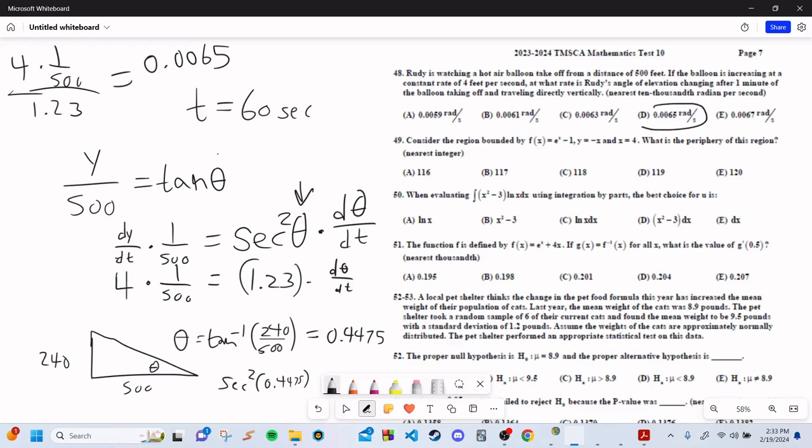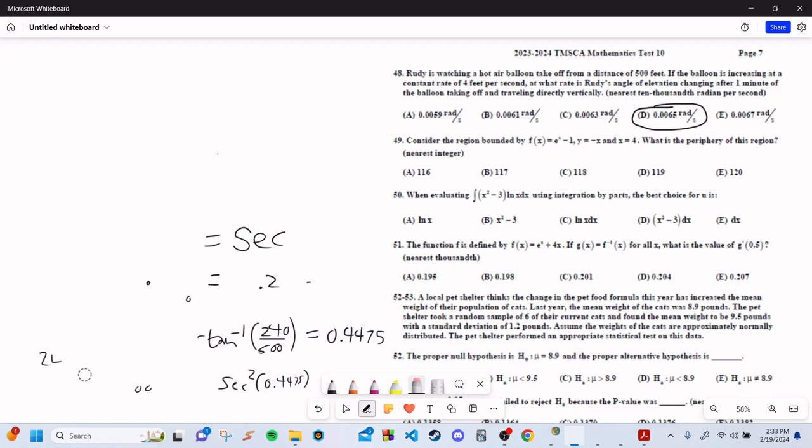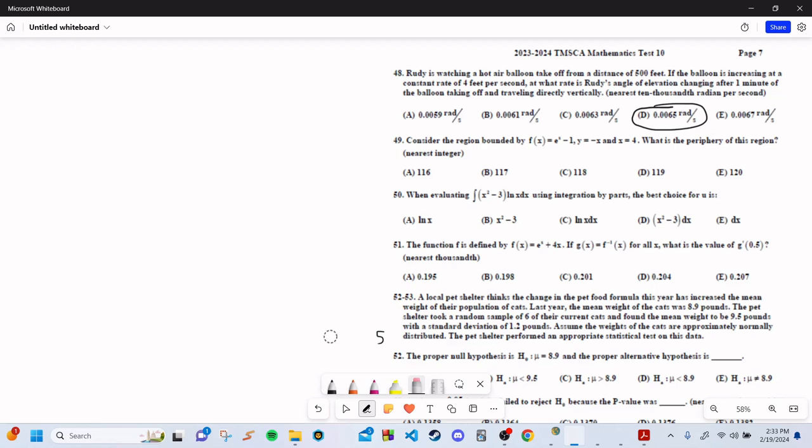So that's going to be answer choice D. And that's the rate at which Rudy's angle of elevation is changing. So know how to work with related rates and doing implicit differentiation. But moving on to question 49.